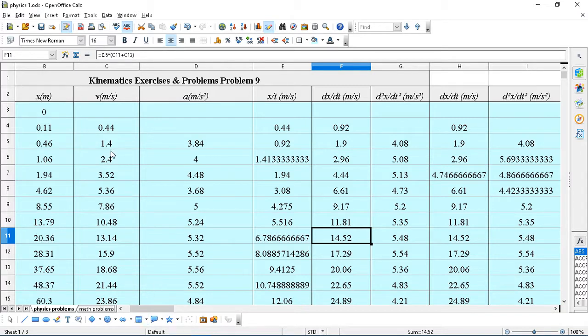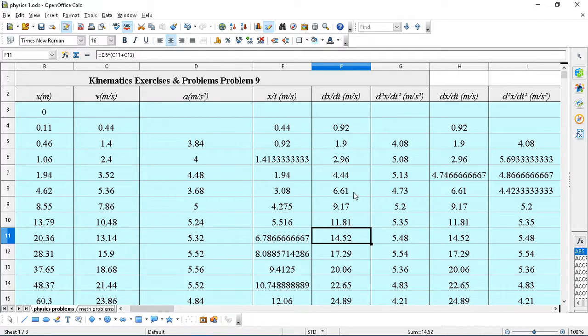For example, if we take these two values, 13.14 and 14.52, you get about 10% difference between these two values.